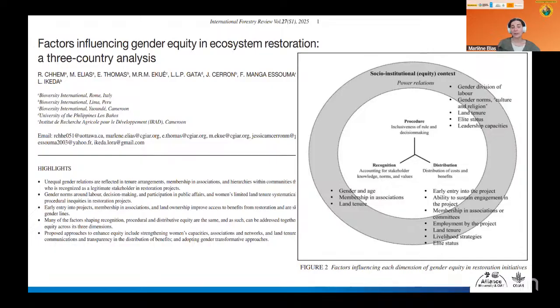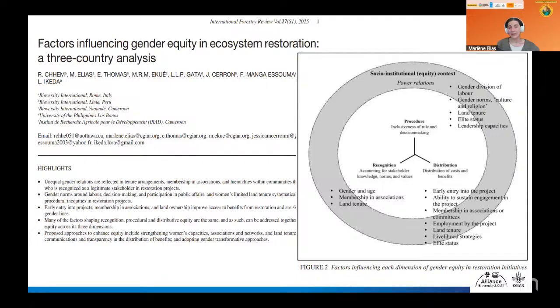In terms of who could have a say in the project and its decisions, the factors that mattered were the gender division of labor, which gives women heavy household responsibilities and means that often they were unable to even attend meetings related to projects. There were gender norms and cultural expectations that made it difficult for them to speak up when they were at the meetings and to have a voice in the decisions being made.